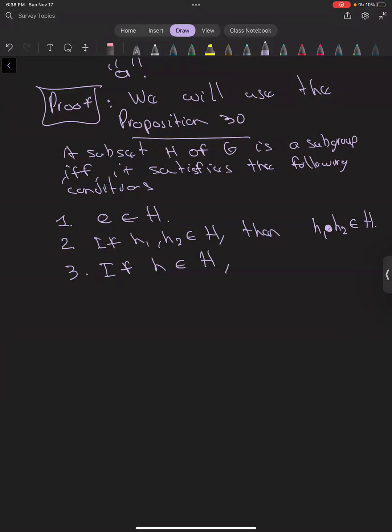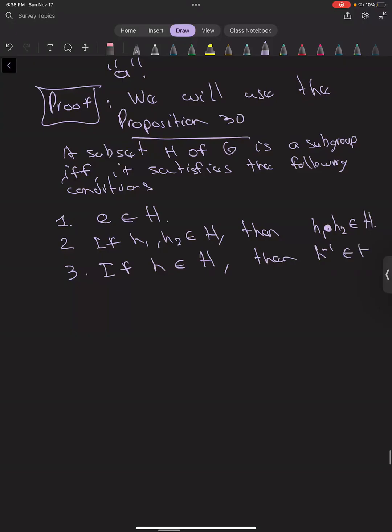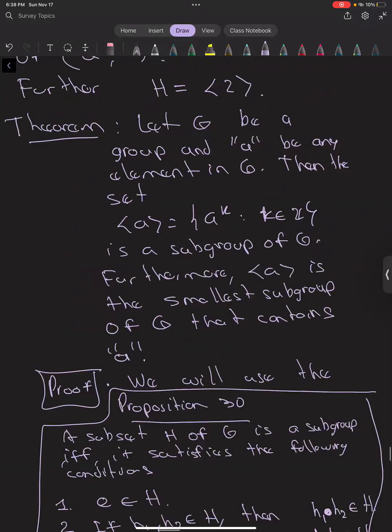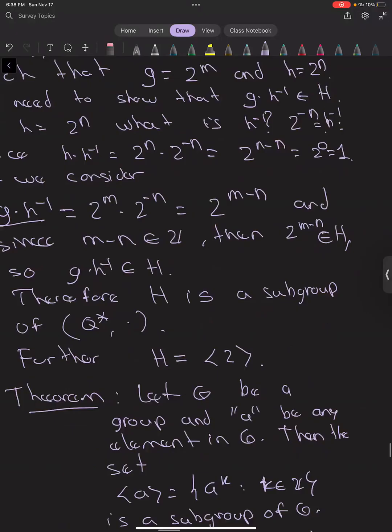Three: if h belongs to H, then h inverse belongs to H. So let's prove that it's a group using this, but this is going to be similar to the one we just did.